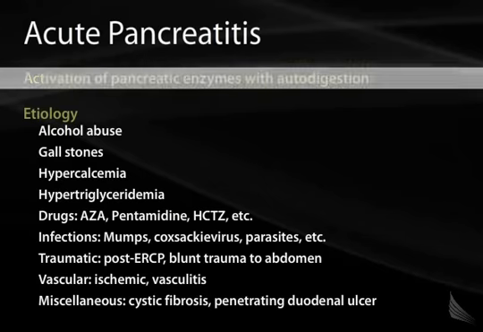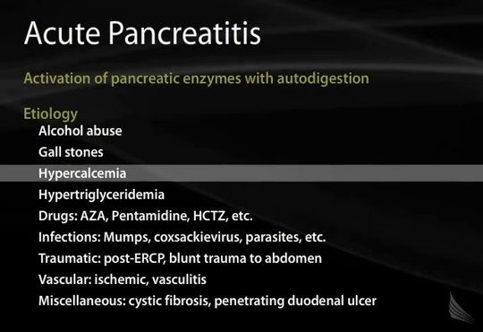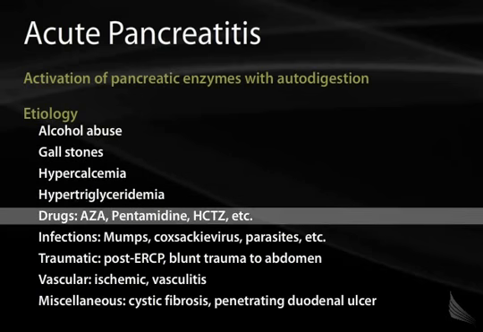Acute pancreatitis occurs when there's activation of pancreatic enzymes with autodigestion. Everyone has their own mnemonic for acute pancreatitis, but the list of causes to remember include alcohol abuse, gallstones, hypercalcemia, hypertriglyceridemia. Things that are easily tested are drugs that cause acute pancreatitis, and these include azathioprine, pentamidine, and hydrochlorothiazide.